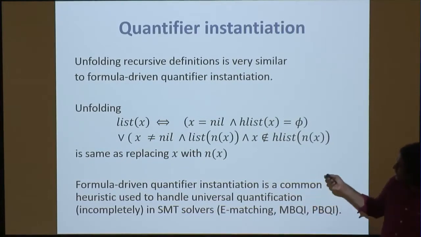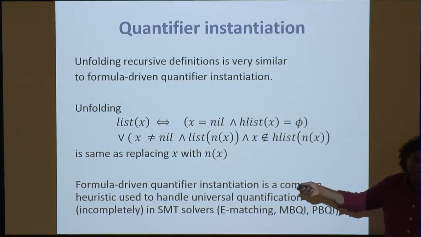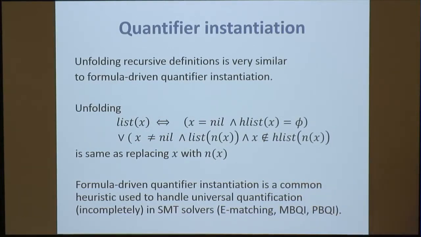So unfolding this one more time, which is next of x, right? I want to write the definition for next of x. Then it's the same as replacing x with next of x in this definition, right? So unfolding is really like taking this universally quantified variable x and instantiating it with something else, which is another term, which could be n of x.